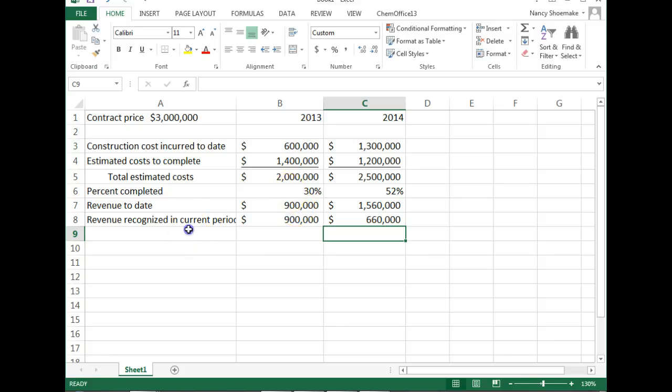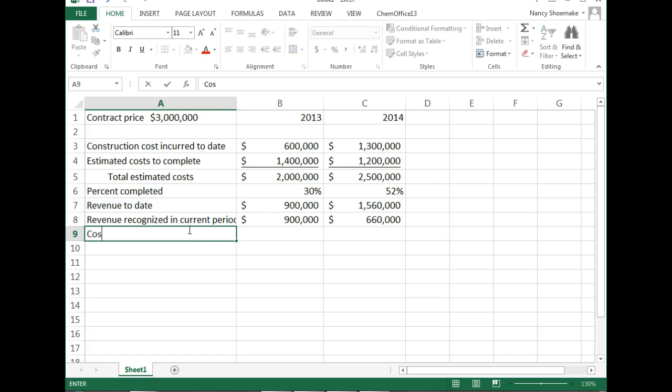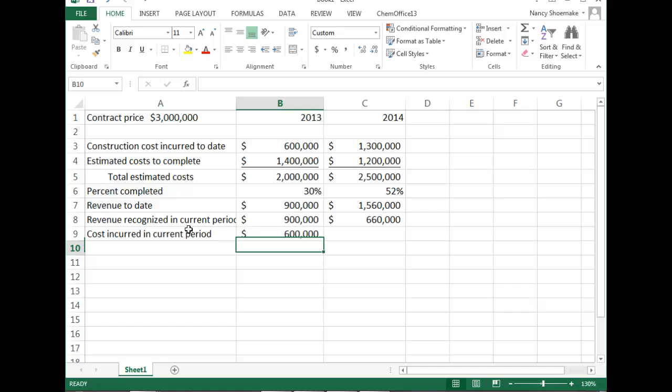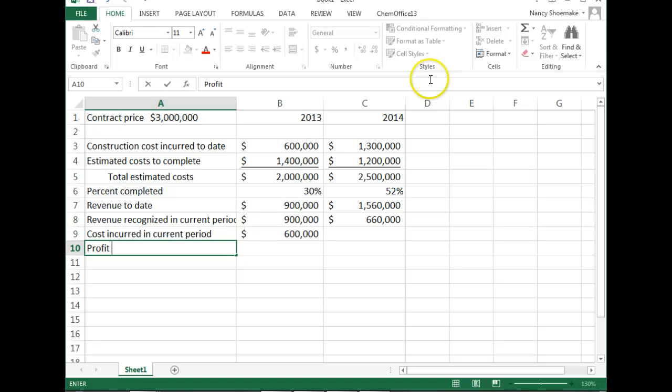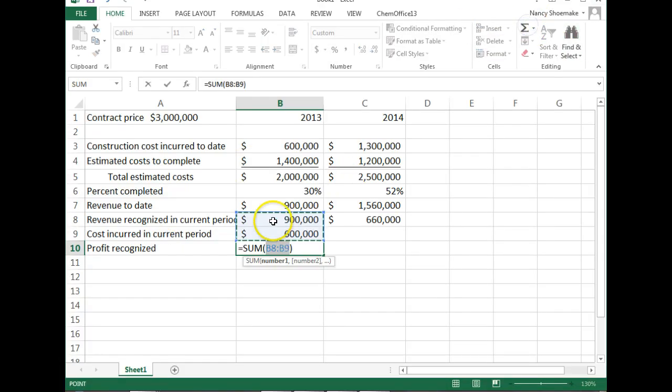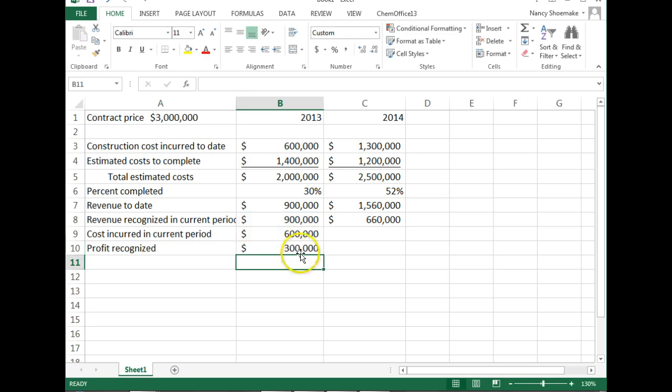Cost incurred in the current period. We know here we incurred $600,000 in costs, don't we? So here we've got a profit of the 900 minus the 600, or 300,000.